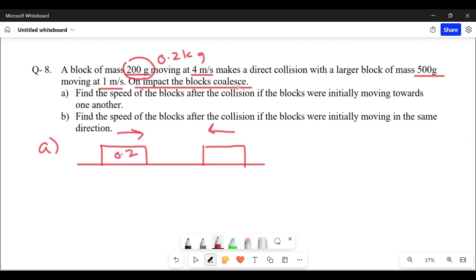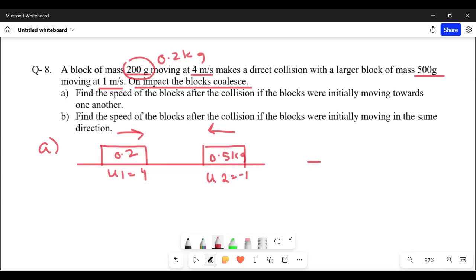And let's say it's moving towards the right, we'll call u1 equals 4. And the mass of the other block is 0.5 kgs, and it's moving at 1 meter per second, but towards the left. So we will take this as negative, or call it -1 here.